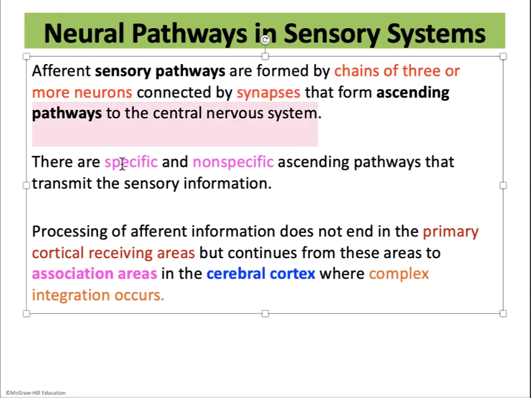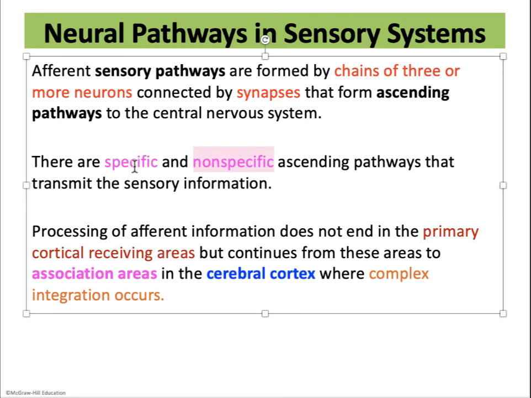In some cases, there are specific pathways that carry unique information from a particular modality. In other cases, non-specific pathways carry information from combined modalities or from combined locations within the body.